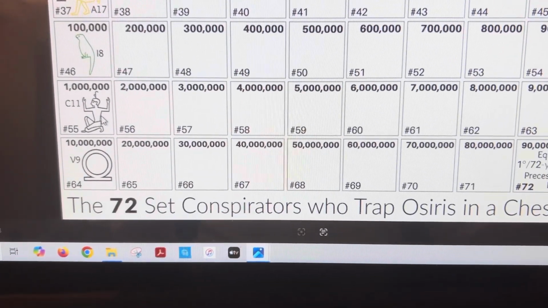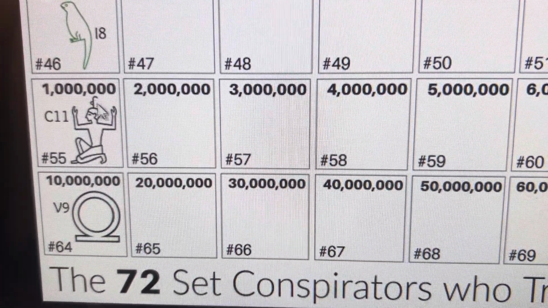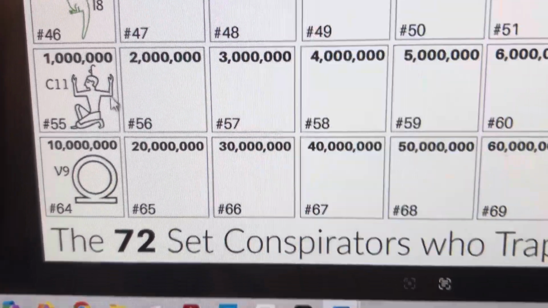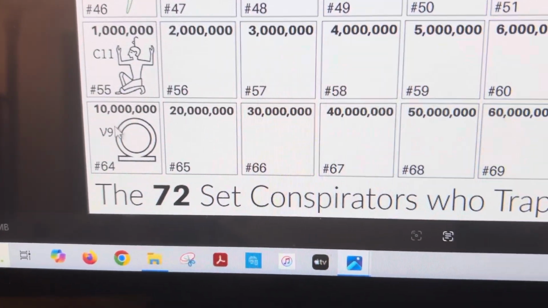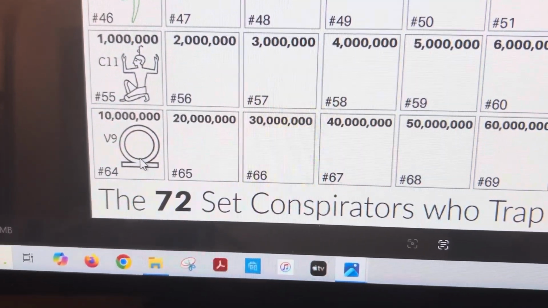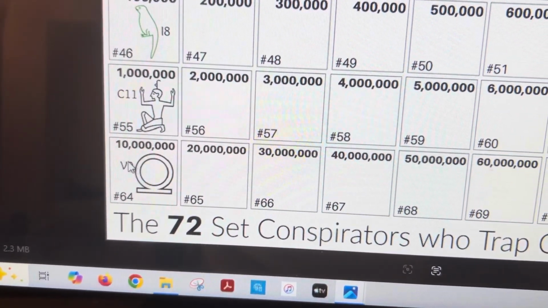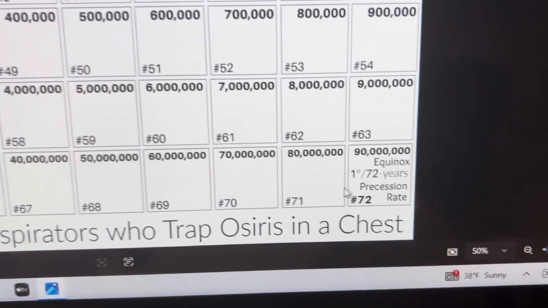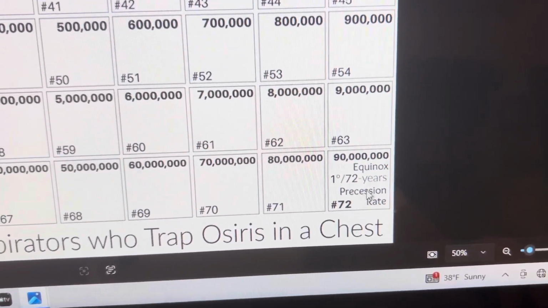A million is the man with a palm branch on his head, his two arms raised, and 1,000 is this so-called shenring, which is the original circle-shaped cartouche. Equals 10 million. And this goes up to 90 million, which is the 72nd stoicheia.